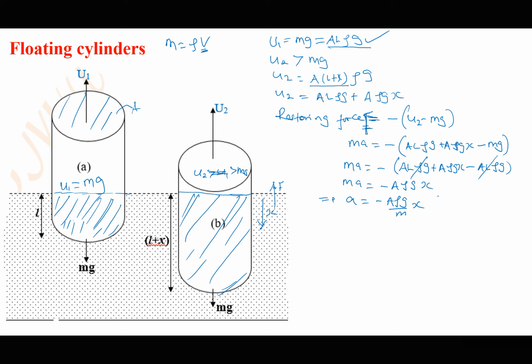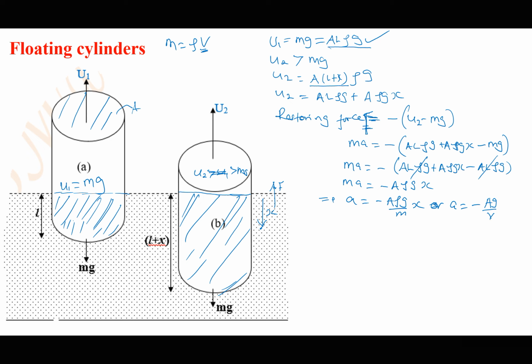You notice that this is similar to an expression for simple harmonic motion, but we could also simplify this. Because we know cross-sectional area times density over mass, we can simplify this to negative A g divided by V, because density over mass is the reciprocal of volume, since density is equal to mass over volume.